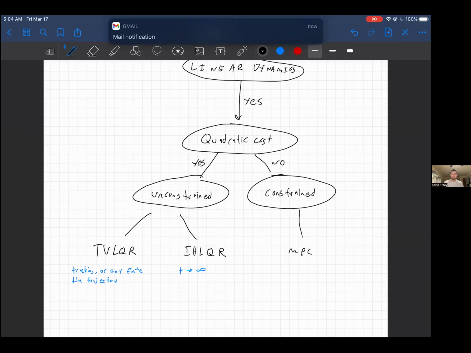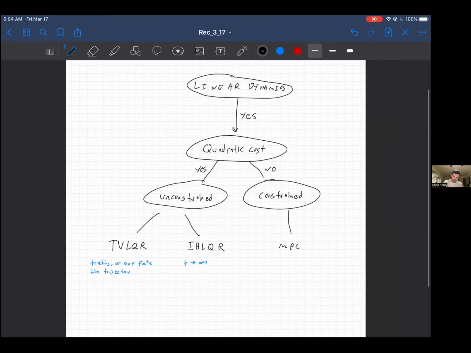If not, I have to use MPC. Now I can still be convex, like the costs are still convex, it can be convex MPC. That's what we always want to shoot for. But in general, there's no guarantee that everything we can do, we can put into an MPC problem. We assume the cost is going to be convex. If the problem is unconstrained, we use LQR. If it's constrained or has a weird non-quadratic cost, we use MPC.